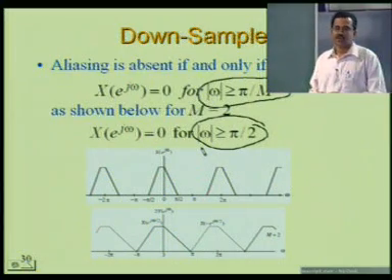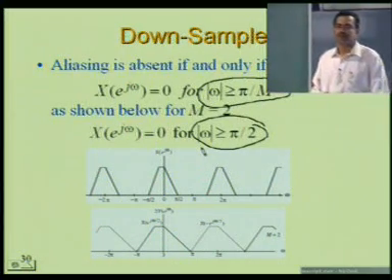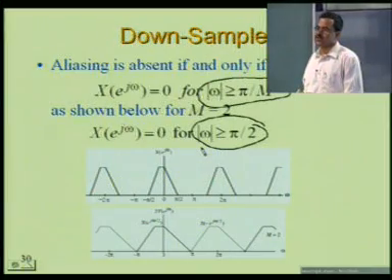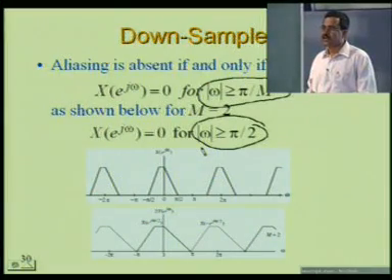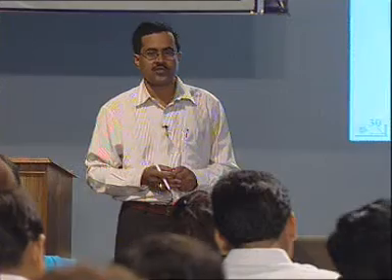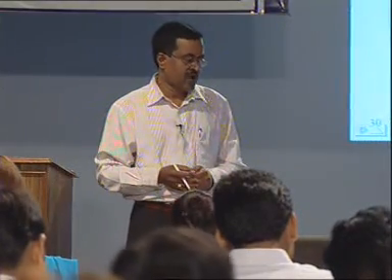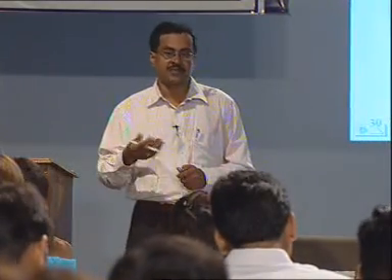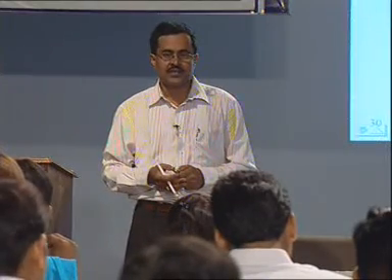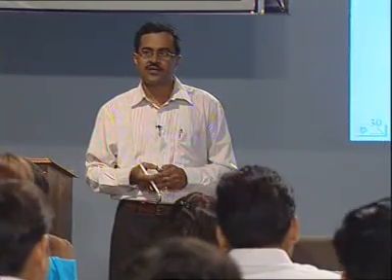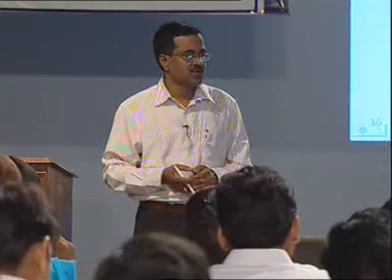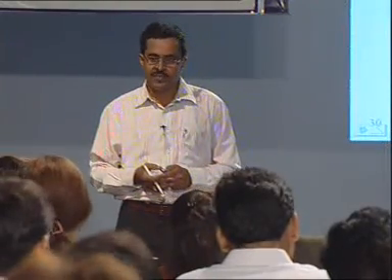So, this way we can avoid the problem of aliasing, so as to recover the original baseband signal without any loss. So, how to achieve this? I have already explained. You pass the signal through a low pass filter band limited to 0 to π/2.